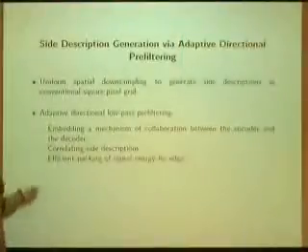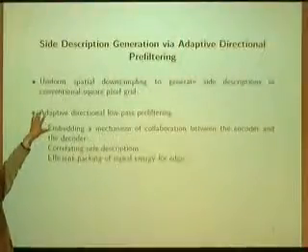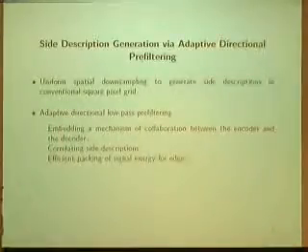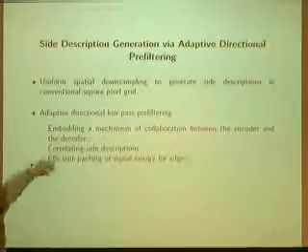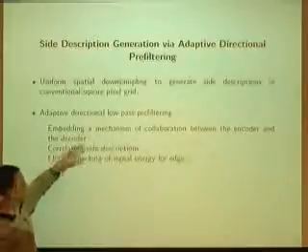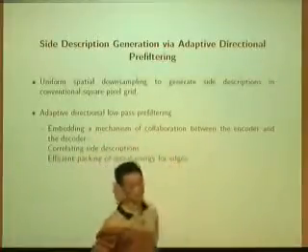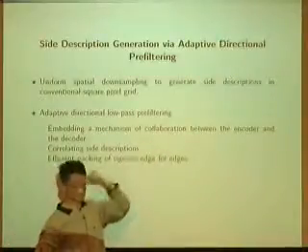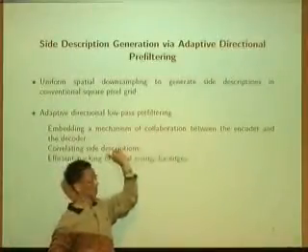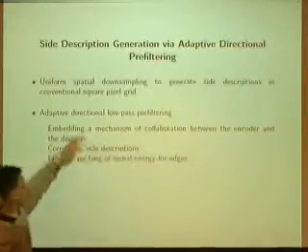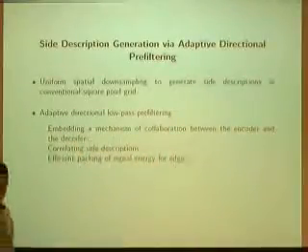However, before I do this subsampling, we perform some adaptive directional low-pass prefiltering for the following purposes. First, we use this prefiltering mechanism to build a bridge between the encoder and decoder. In other words, I expect the decoder will collaborate with the encoder to perform MDC decoding.